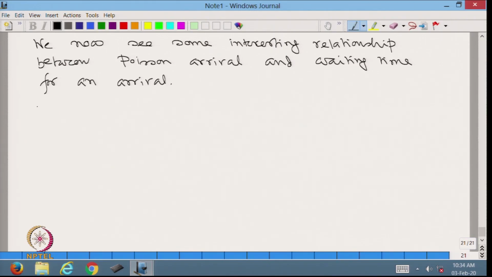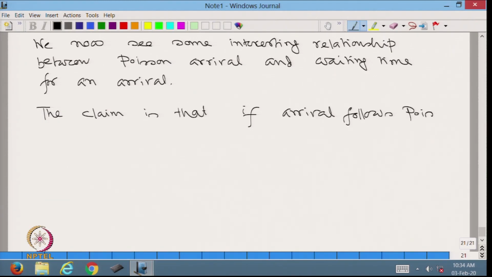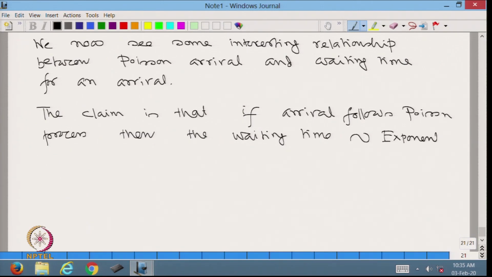The claim is that if arrival follows a Poisson process, then the waiting time is exponentially distributed.